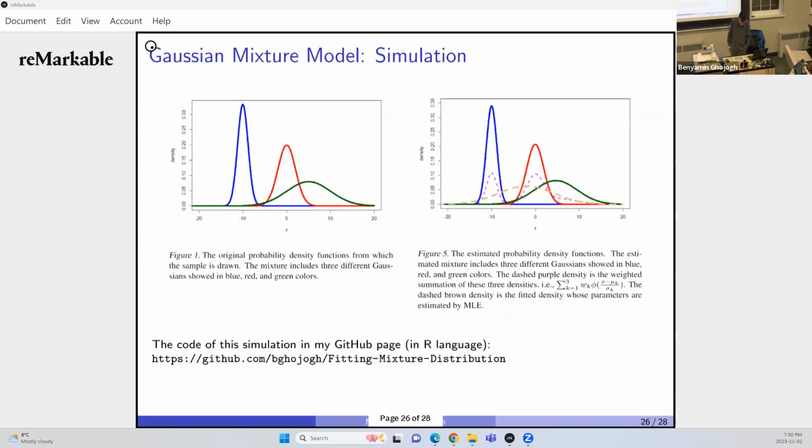And what happens then? Let me remember. So the dashed purple density, this one, do you see that? This one is the mixture distribution. Can you tell me why it is lower than the actual Gaussian here?